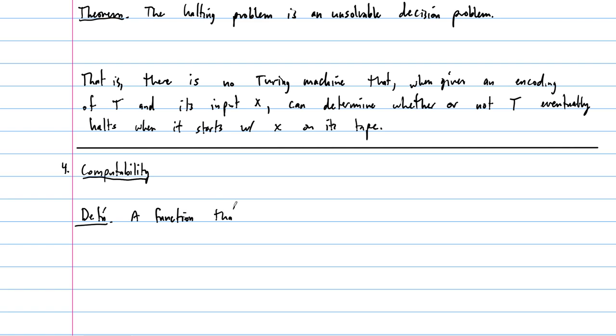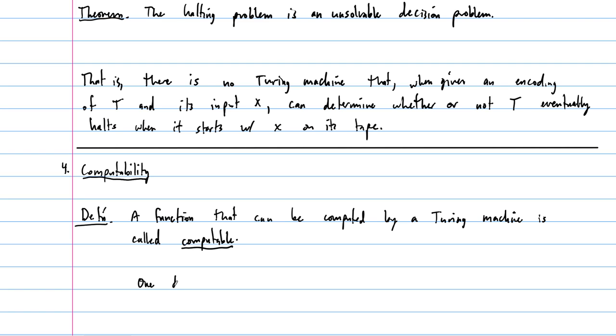A function that can be computed by a Turing machine is obviously called computable, and one that is not is called uncomputable.